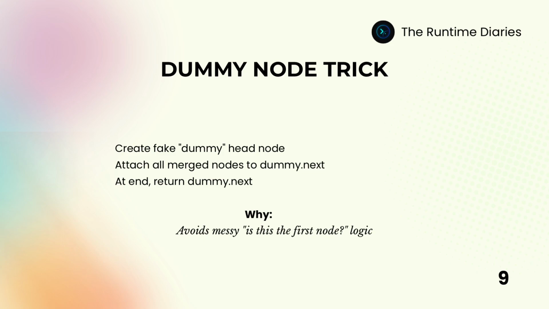The dummy itself is discarded. This trick avoids awkward, is this the first node? conditional logic. Every node, including the first real node, is treated the same way. Attach it to tail.next, then move tail forward. It's a small trick, but it makes the code much cleaner.